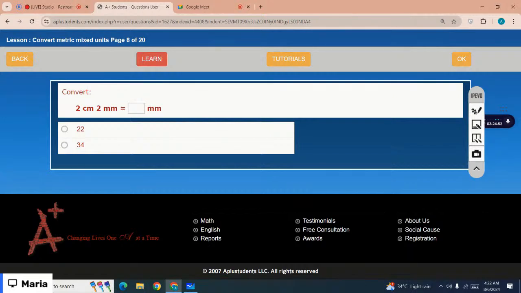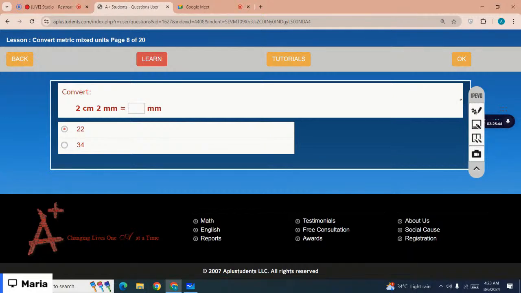The next one is 2 centimeters, 2 millimeters, which is the correct option? The correct option is 22 millimeters. Option number 1 is the correct option.